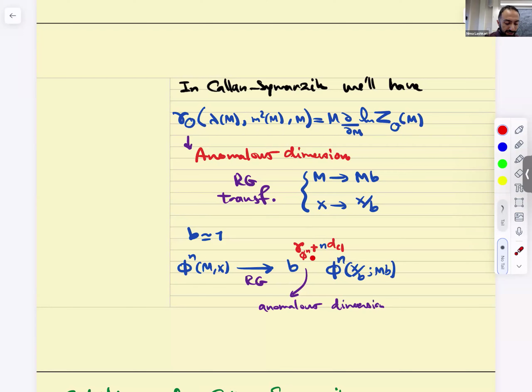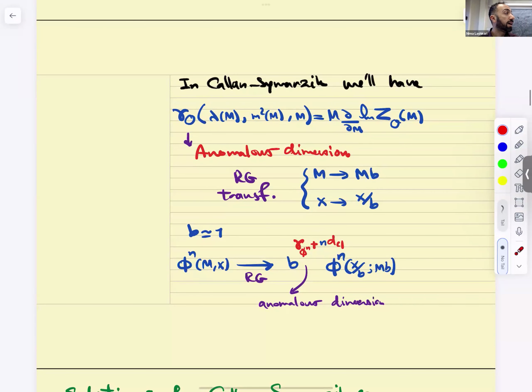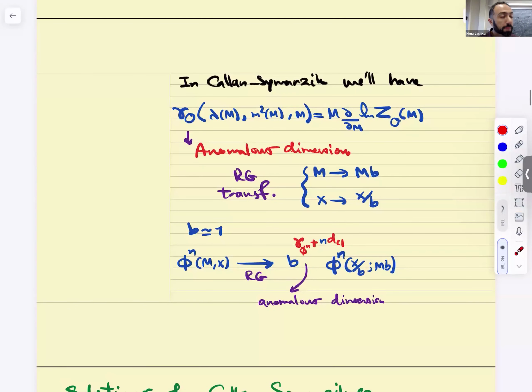So this is the anomalous dimension, which tells you how the field scales differently compared to the canonical dimension, which for phi^n would be n times (d minus 2) over 2. And remember, just naive dimension counting analysis. Good.